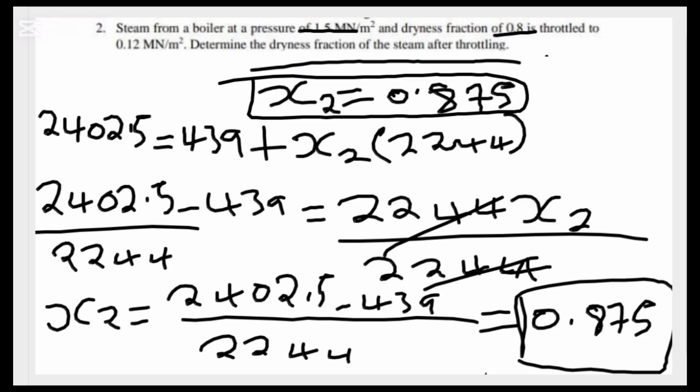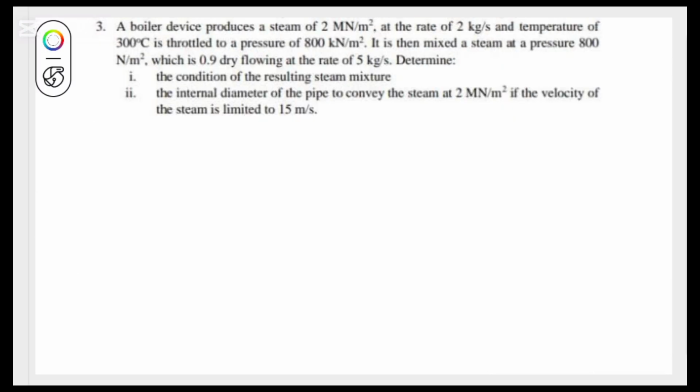This is the end of this question. A boiler produces steam at 2 MN per meter square at the rate of 2 kg per second and a temperature of 300 degrees Celsius, and it is throttled to a pressure of 800 kilonewton per meter square. It then makes steam at 800 kN per meter square, at 0.9 dryness, flowing at the rate of 5 kg per second.